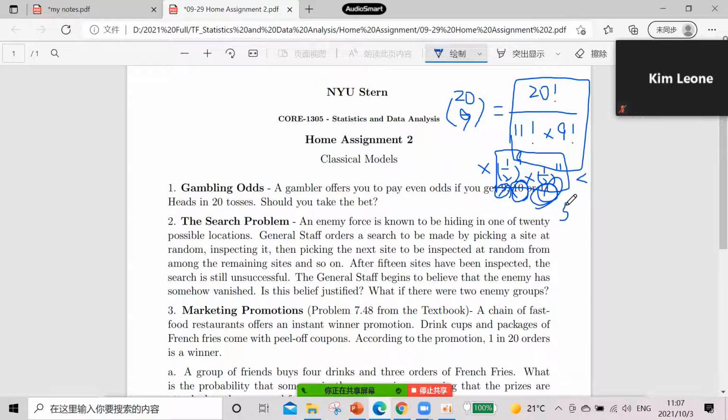So you need to add those three together, compare whether that's greater or smaller than 50%, and make your decision. Basically, this is the first problem, and it's a very standard and very important binomial probability distribution.